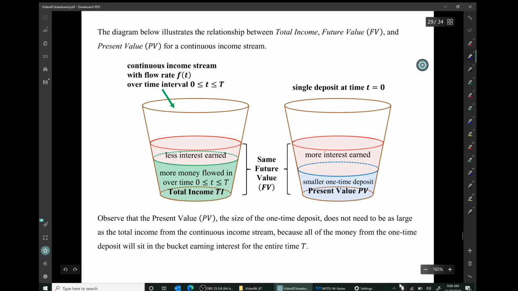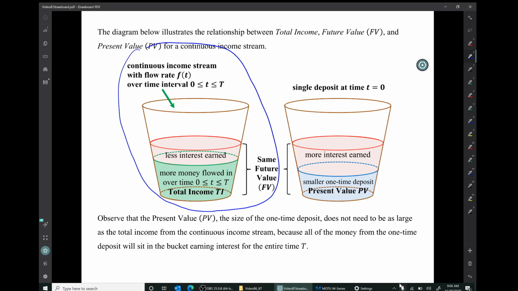So here's the question. We have this idea of a continuous income stream with flow rate little f of t in some time interval from 0 to T. And at the end of that time interval, some money has flowed in, that's the total income, and some interest has been earned.